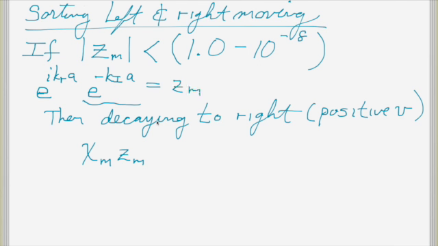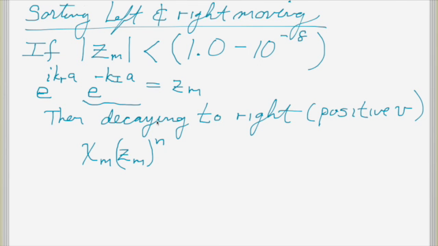This whole thing I wrote up there is z sub m, chi m z m raised to the n, where n is the unit cell index. So as that index is increasing, this thing is decaying. So we're moving to the right, and every time you move to the right, you pick up a phase factor.